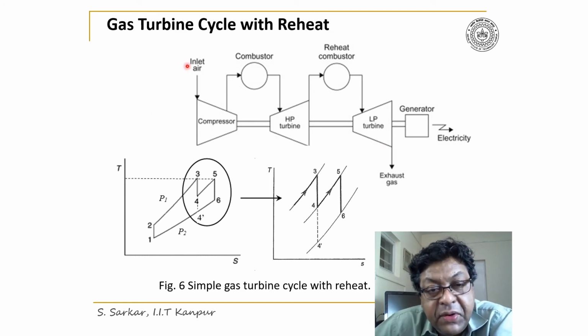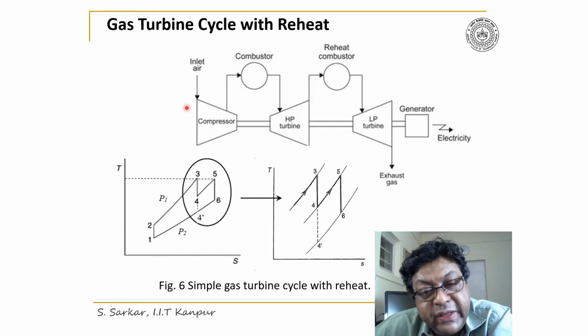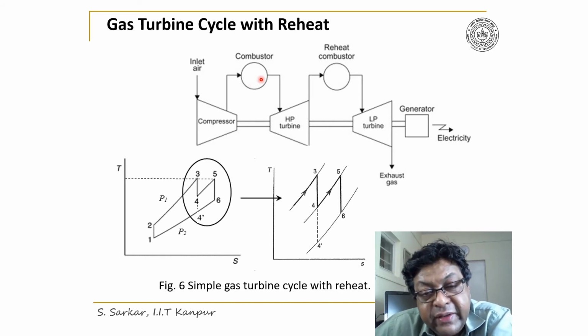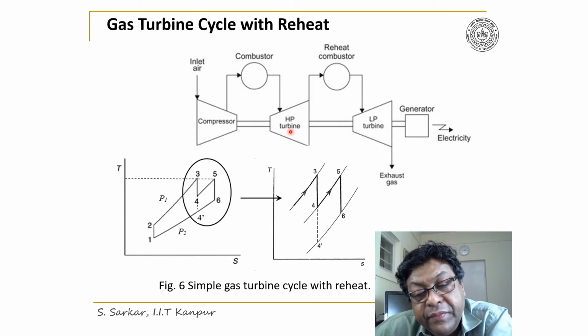Thus, air is compressed in the compressor, then heat is added in the combustor. After that, high pressure and high temperature gas is expanded in the high pressure turbine.